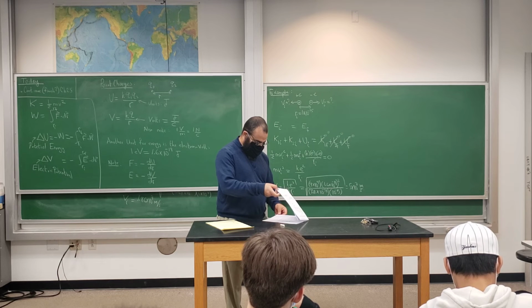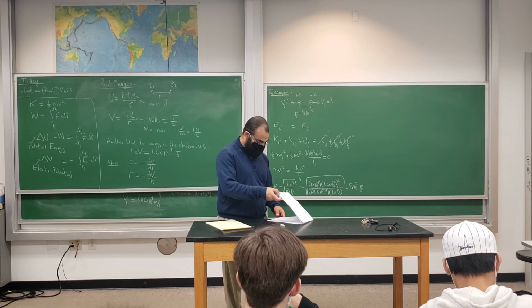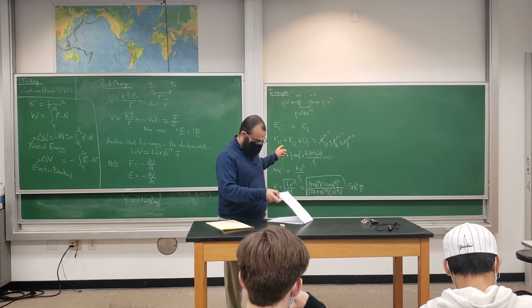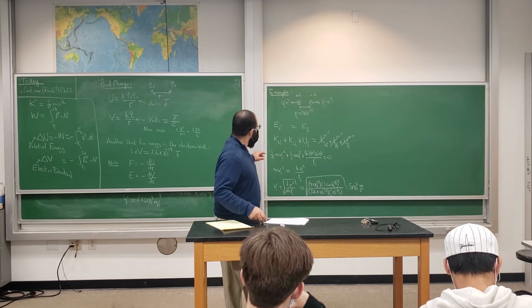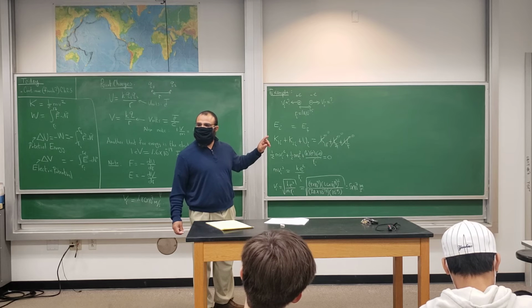So it says, what minimum speed must each have when they are this far apart? Oh, I'm sorry, was it 10 to the minus 15? I think it was 10 to the minus 13.